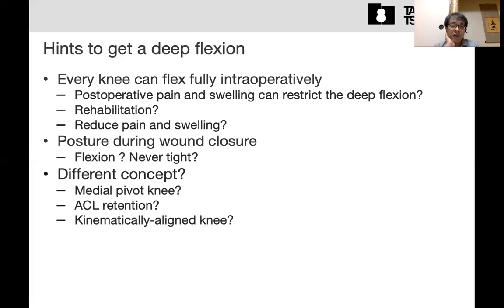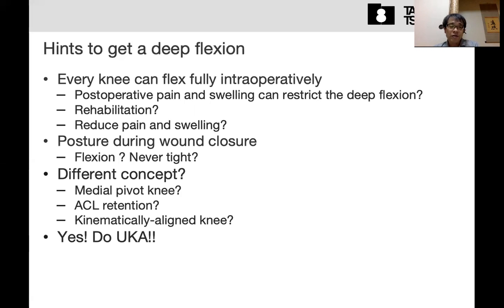Then the kinematic alignment knee. The current concept is mechanical alignment. It is perpendicular to the mechanical axis, but it is not anatomical. Anatomically, the joint line is not perpendicular to the mechanical axis, it is slightly varus.